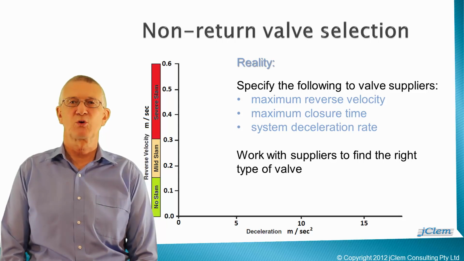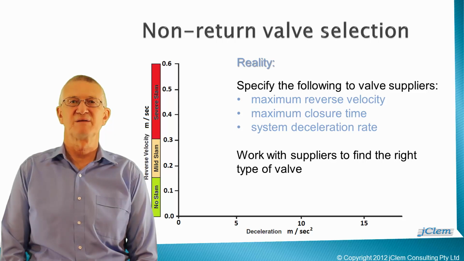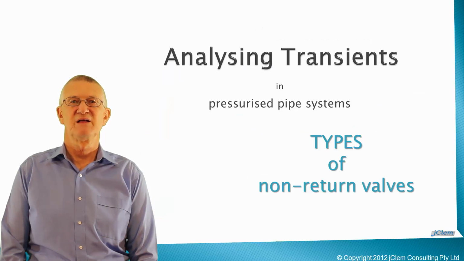Simulate these scenarios to quantify the deceleration that the system generates, plus the maximum valve closure time that can be accepted without exceeding the velocity limit. Present these parameters to a range of valve suppliers and let them select valves that can be offered to meet these specifications. Thanks for watching.